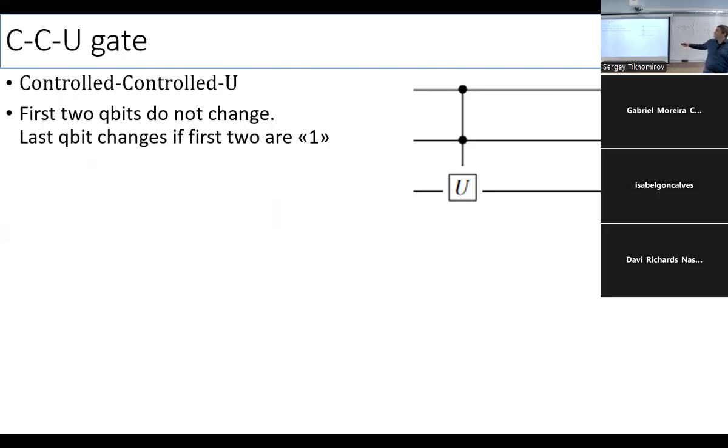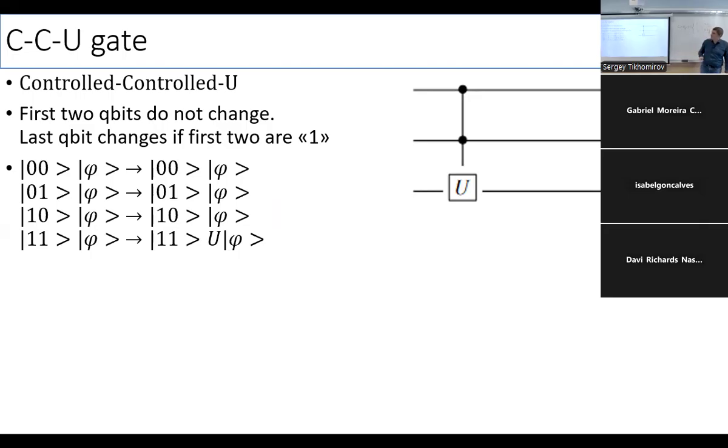If at least one of them is 0, I don't do anything. So 0,0,ψ goes to 0,0,ψ; 0,1,ψ goes to 0,1,ψ; 1,0,ψ goes to 1,0,ψ; but 1,1,ψ goes to 1,1,Uψ.